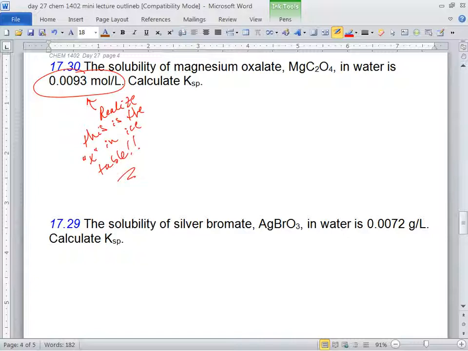So write out the KSP reaction, do ICE, set up your KSP expression. Plug in what X is, and you'll have it. Set up the KSP reaction, do ICE, just like always, except now you know what X is, so it's a lot easier.